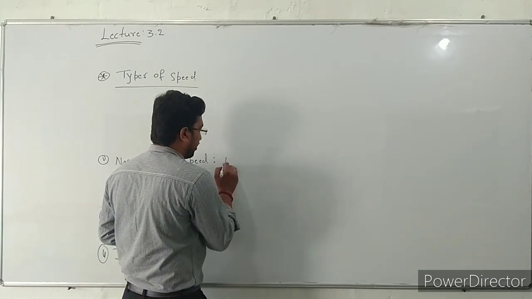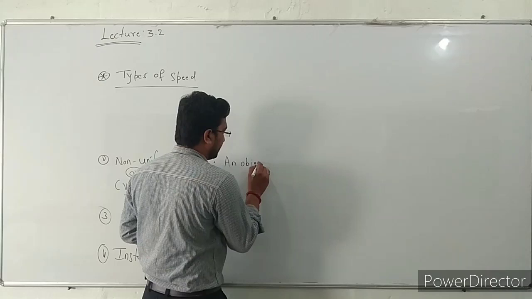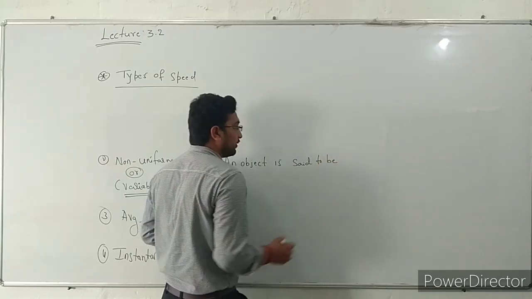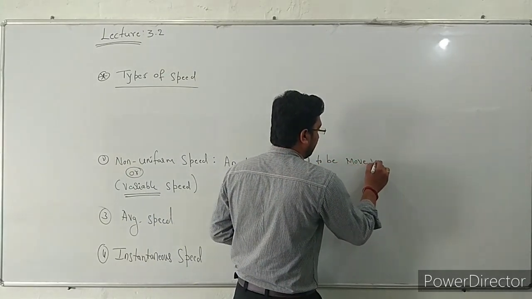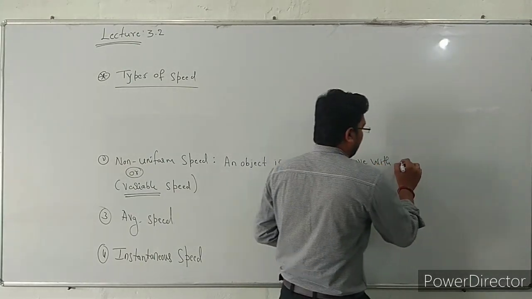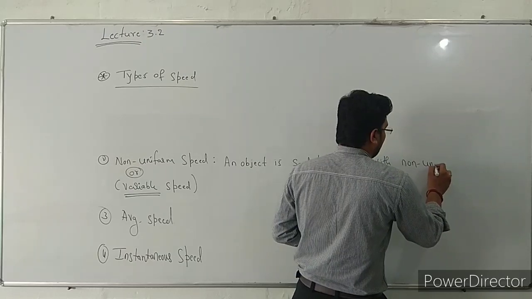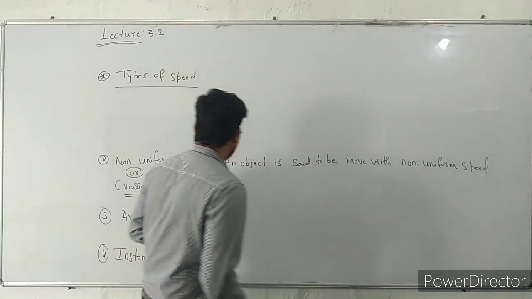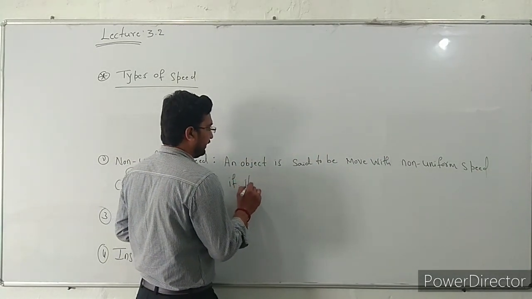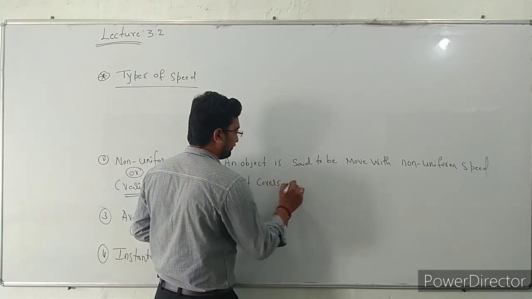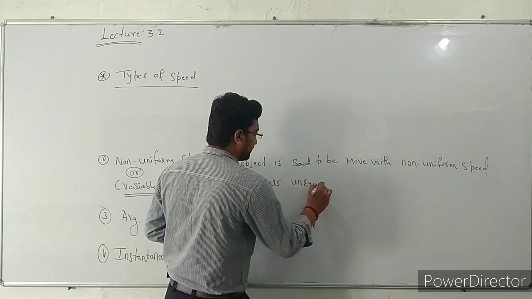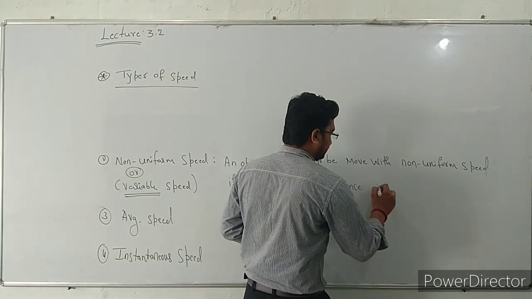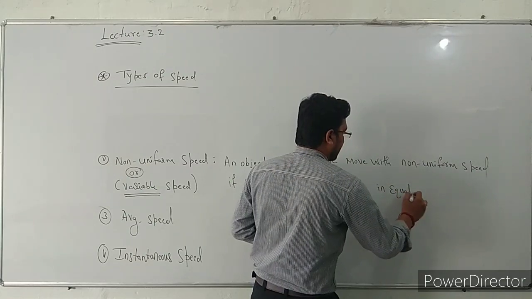An object is said to move with non-uniform speed if it covers unequal distance in equal intervals of time.